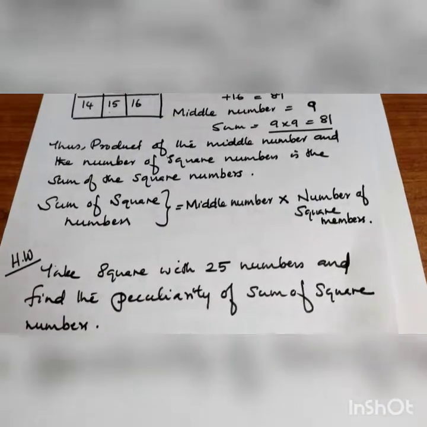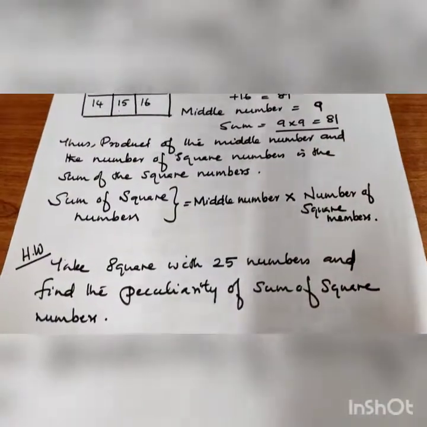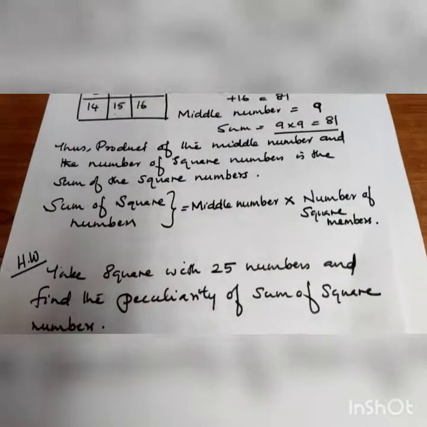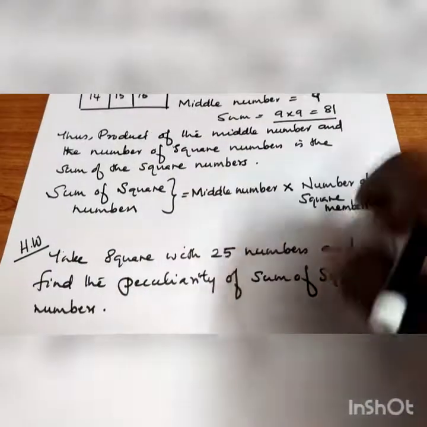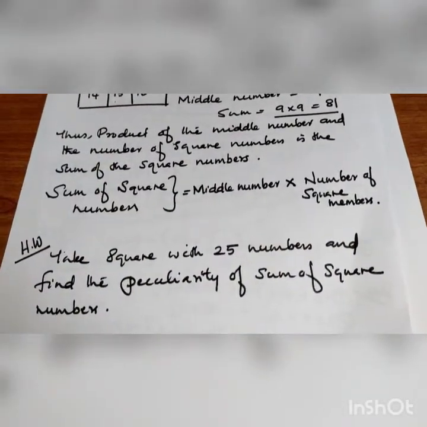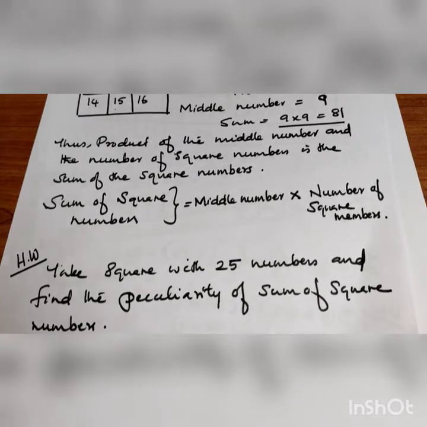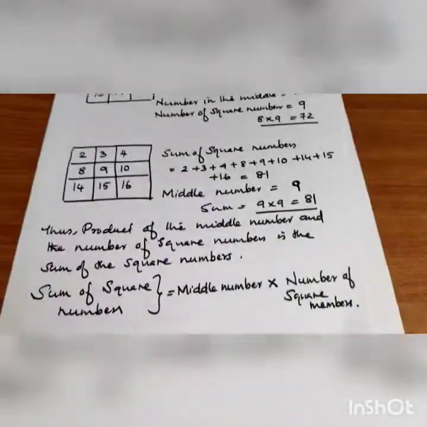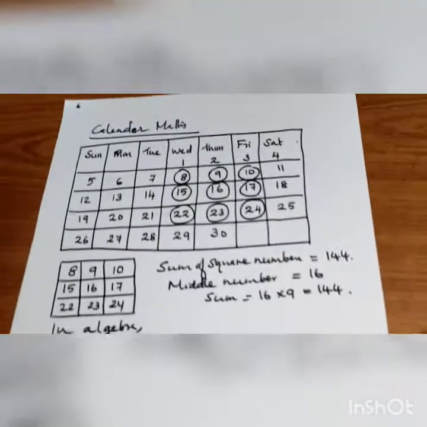We get an answer. Then find the sum of all the 25 numbers. Then both sums are equal. Then you can conclude that the middle number into 25 is the sum. Check whether it is correct or not. It is your duty.